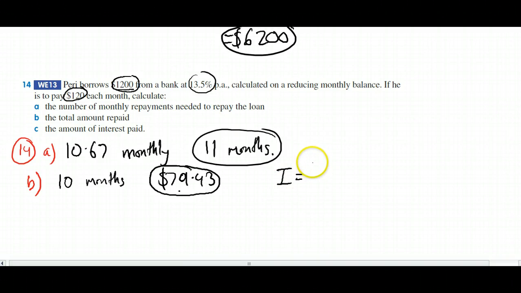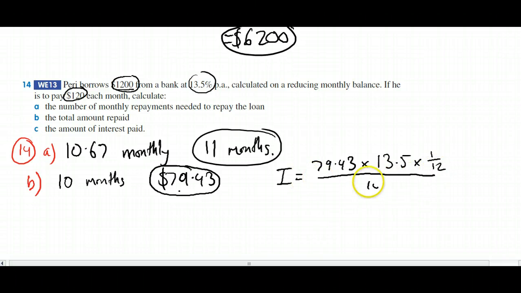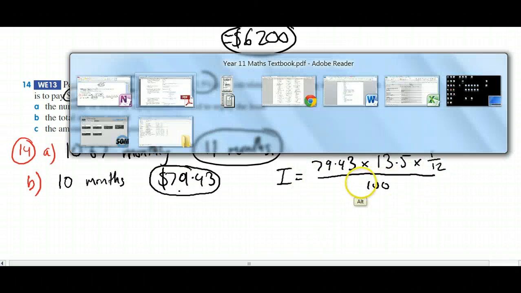It's going to be the principal, which is $79.43, times the interest rate, which in this case is 13.5%, and the amount of time that this is happening over is 1/12 of a year, and then we divide it all by 100. Let's see what that turns out to be.